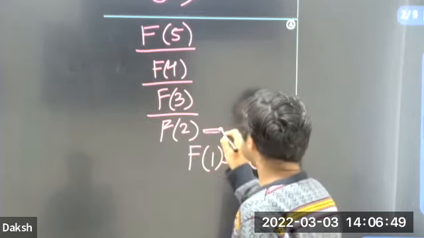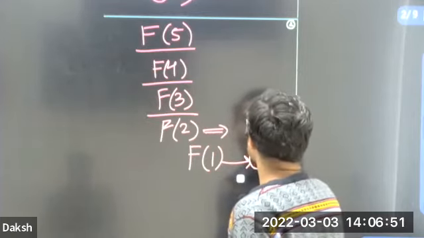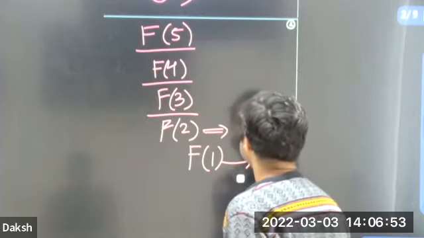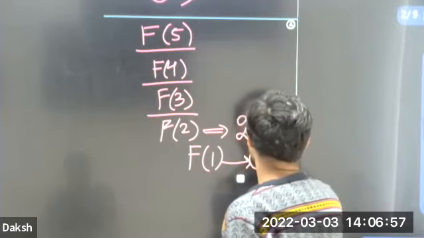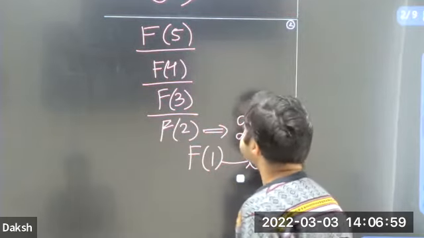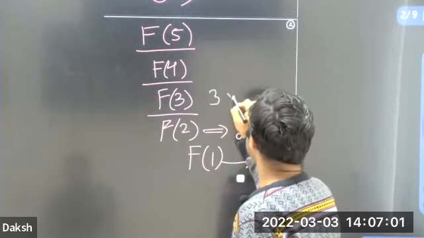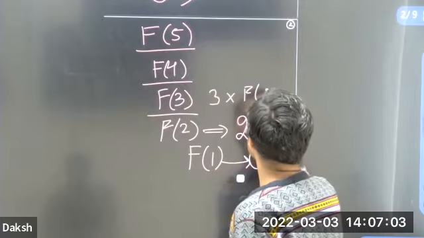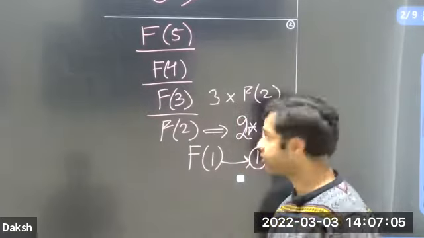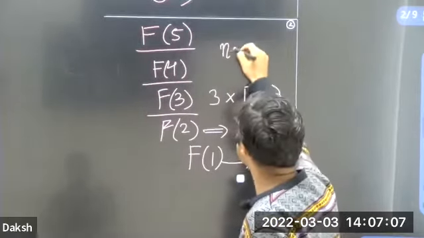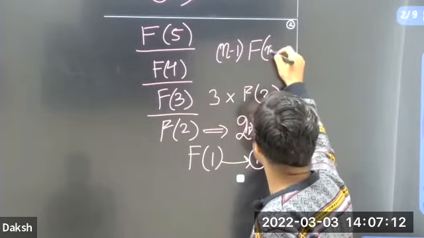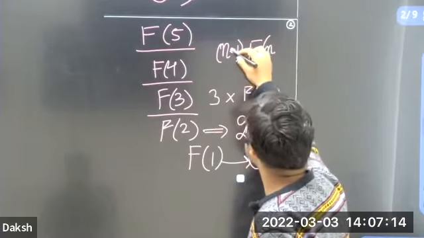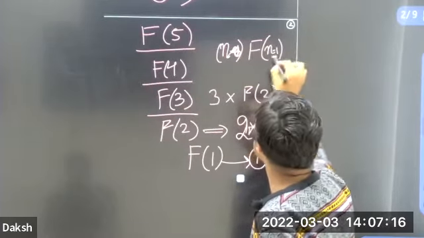Then the next value is 2 multiplied by factorial of 1. This is going to be 3 multiplied by factorial of 2. Anyways, it's going to be n multiplied by factorial of n minus 1.